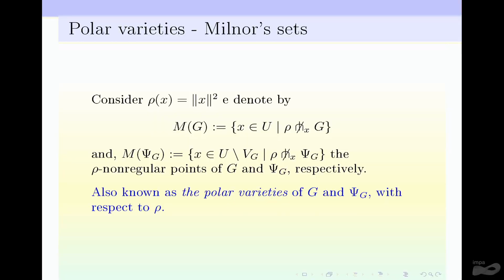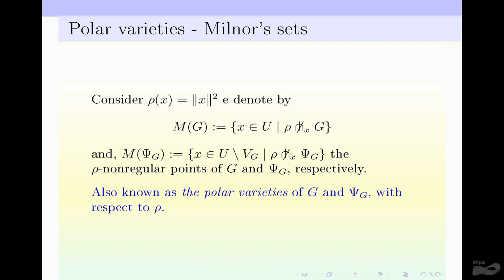Now I need to define two sets that we call the Milnor set, also called the polar variety. We consider rho of x as the square of the distance function to the origin in the search space.